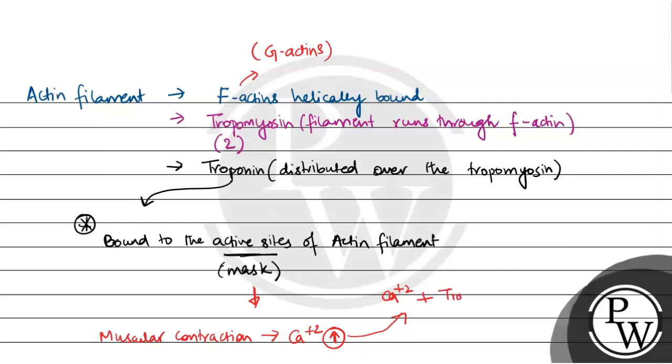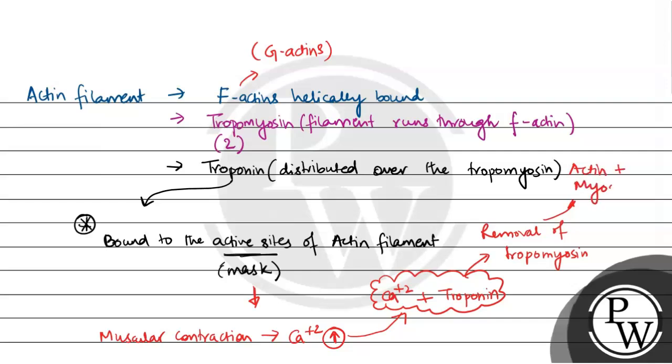Calcium binds to the troponin molecules which results in the removal of tropomyosin from the active sites of actin. This results in the actin binding to the myosin heads and further resulting in muscle contraction.